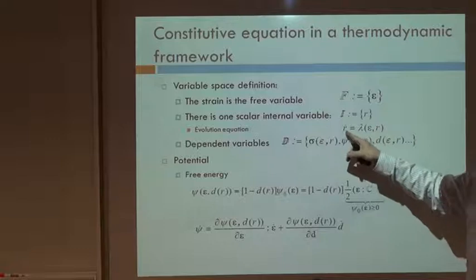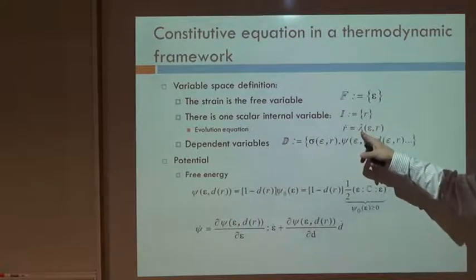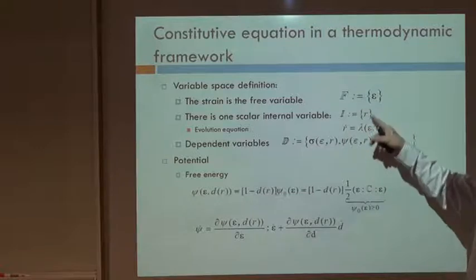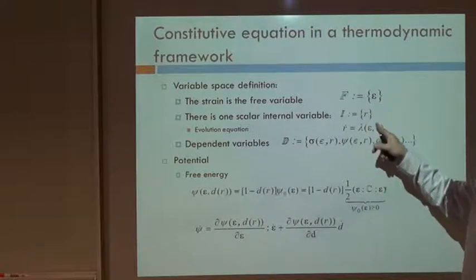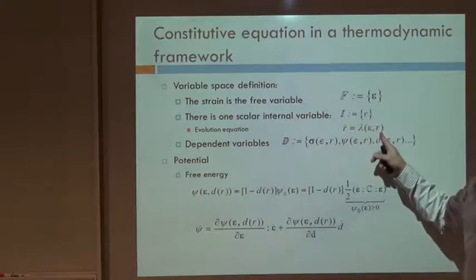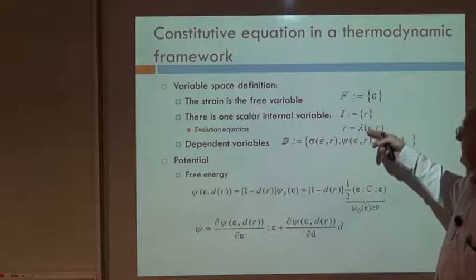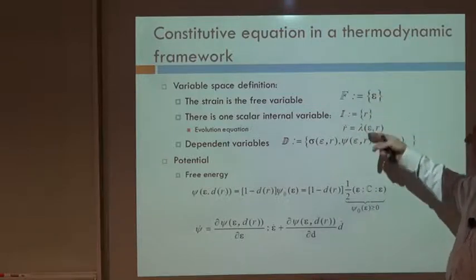The instantaneous evolution of the internal variable is a scalar function, let's call it lambda, of the strain itself and the value of the internal variable itself, instantaneous values. And then the remaining variables are dependent. That means that they are functions of the free and internal variables, the strains and r.